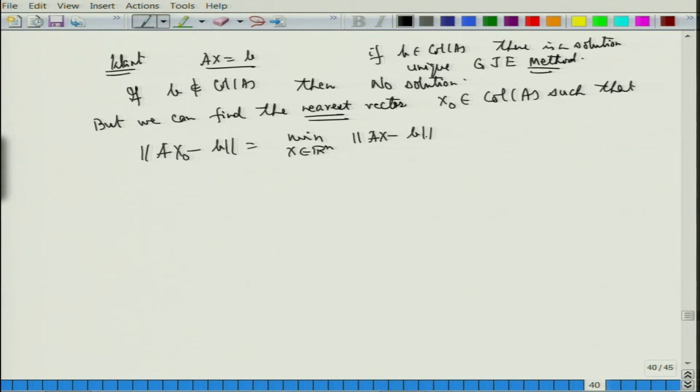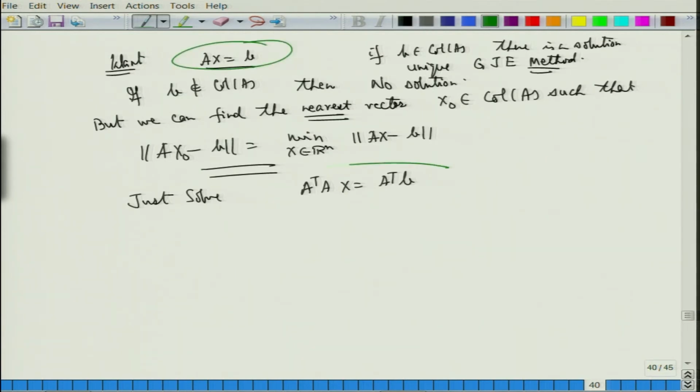And how do we do that? To get this, what we are saying is that just solve A transpose Ax is equal to A transpose b. So, in place of solving the system Ax is equal to b, I need to solve a new system, fine.